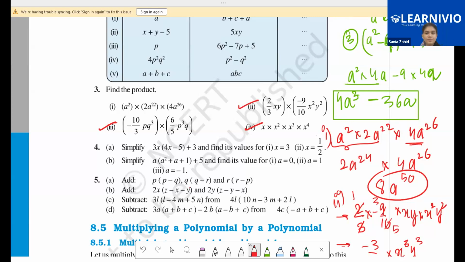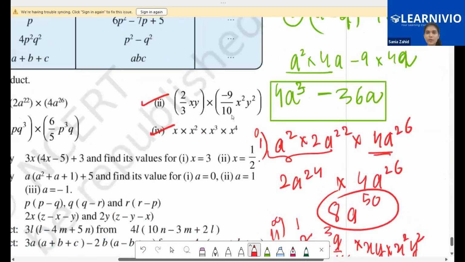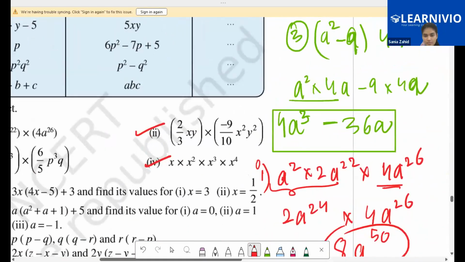Done, ma'am. Okay, let's start the discussion. So first question is 2 by 3 xy into minus 9 by 10 x square y. So, Yaduha, you can tell us the answer for this.